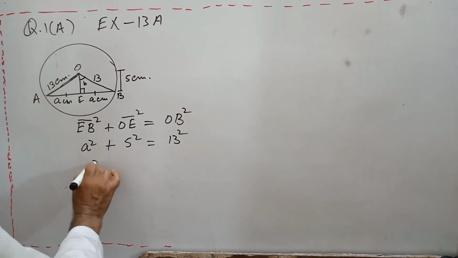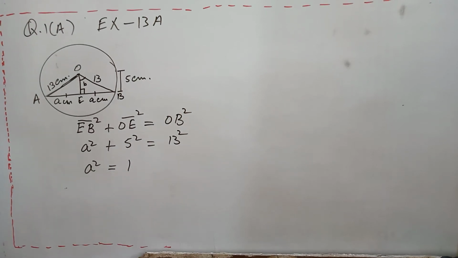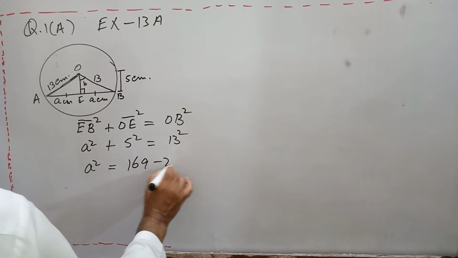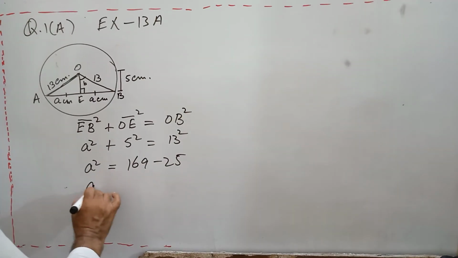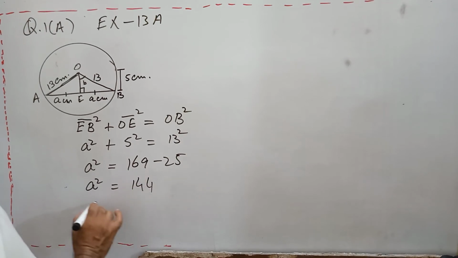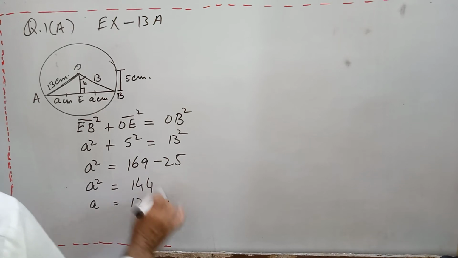So A square plus 5 square equals 13 square. A square equals 169 minus 25, so A square equals 144. So A equals 12 centimeters.